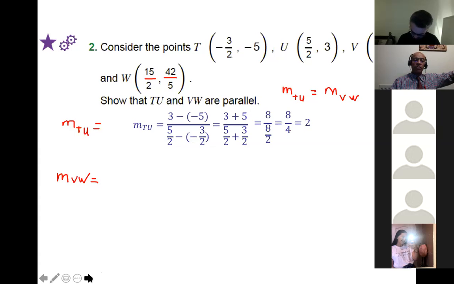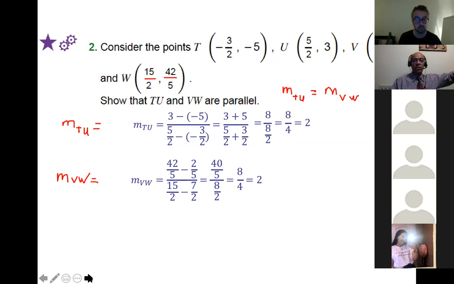So 8 divided by 4 is 2. So we've calculated the first gradient. We do the same for the second one, between V and W. So 40 over 5 divided by 8 over 2, which is 4. 40 over 5 is 8. So 8 divided by 4 equal 2. So we've proven that MTU equal MVW. That means those two lines are parallel.